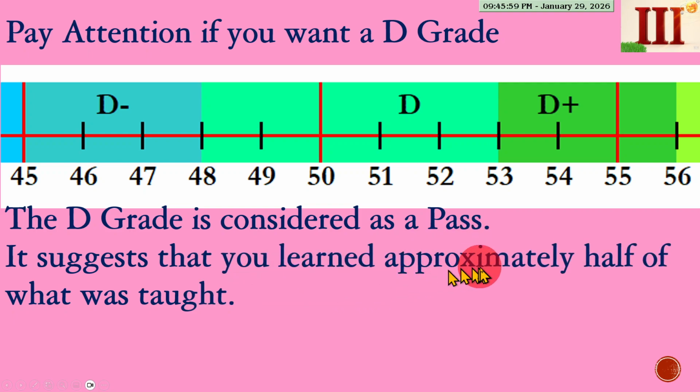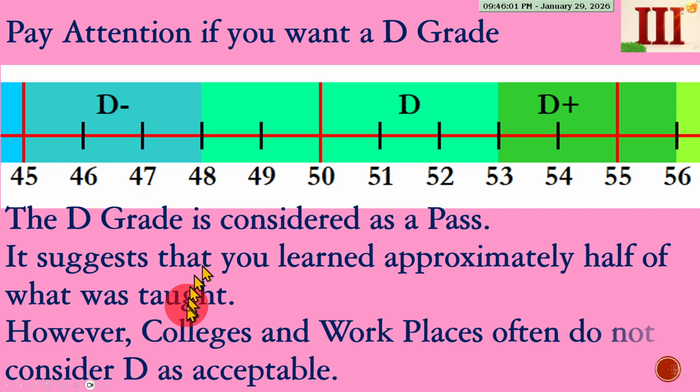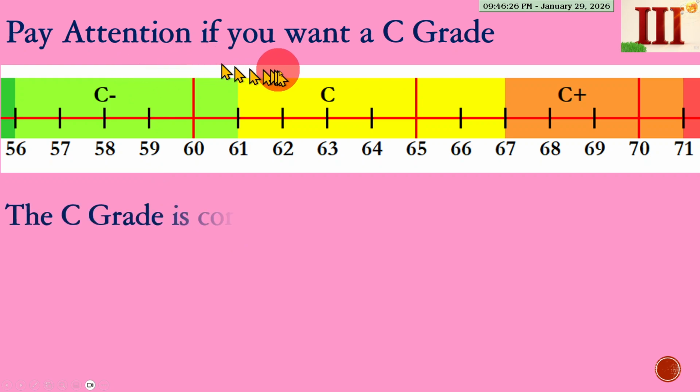It suggests that you learned approximately half of what was taught. However, colleges and some workplaces will look at a D and say, unacceptable. And this grade ranges from 45 all the way to 56. And do notice we're now getting into the minuses and the plus. So the lettering grade. So if you got a strong D, you can brag to your friend who got a weaker D.